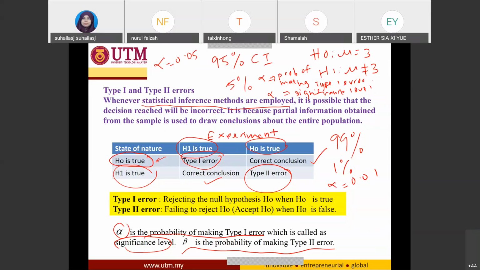How about the other 5%? The 5% is your error. That means if your data set is not included in your confidence interval, it might be an error, considered as 5% error, but it depends on the researcher. If you want to use 95%, 99% or 97%, it is up to the researcher.